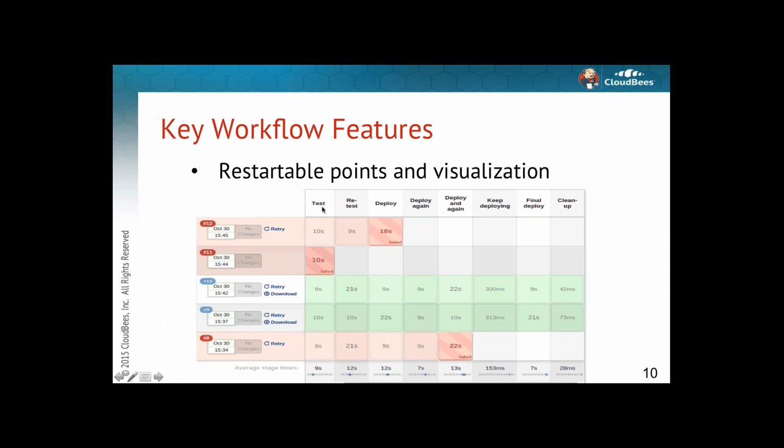Each stage in my workflow is represented as a column. Here in this dummy screenshot you have your testing stage, retesting, and a million deploy stages before we clean up the workspace. Again, this is visualized in real time. You can also trigger checkpoints from this view, hence the retry button, and you can download artifacts from this view, which is what this download button is here.